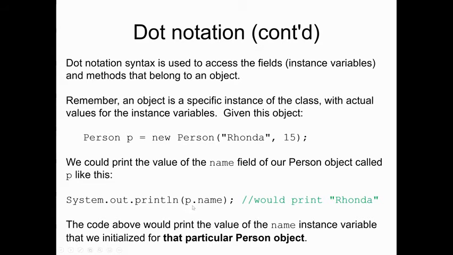When I say dot, this is the dot operator, or you might call this the dot notation. And p is our Person for Rhonda. p.name would give us Rhonda. The code above would print the value of the name instance variable that we initialized for that particular person.